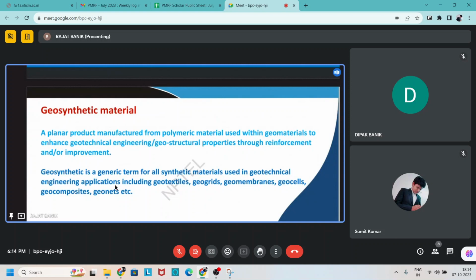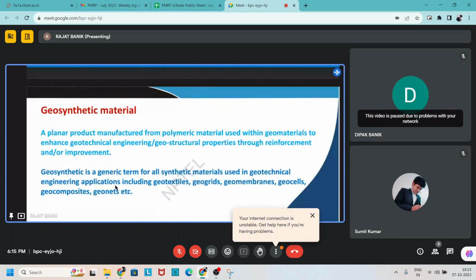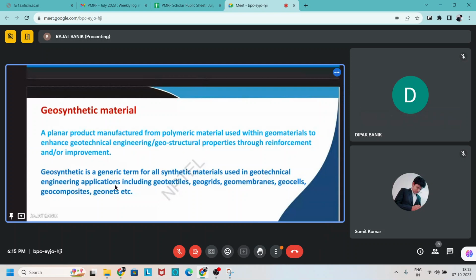So geosynthetic material is a polymeric material, like PVC or some plastic, which is produced by polymerization. Then it is used in geomaterial, improving the geotechnical and geostructural properties like shear strength, bending moment, drainage, filtration of the soil, and it also acts as a reinforcement, and by this way improves the ground.